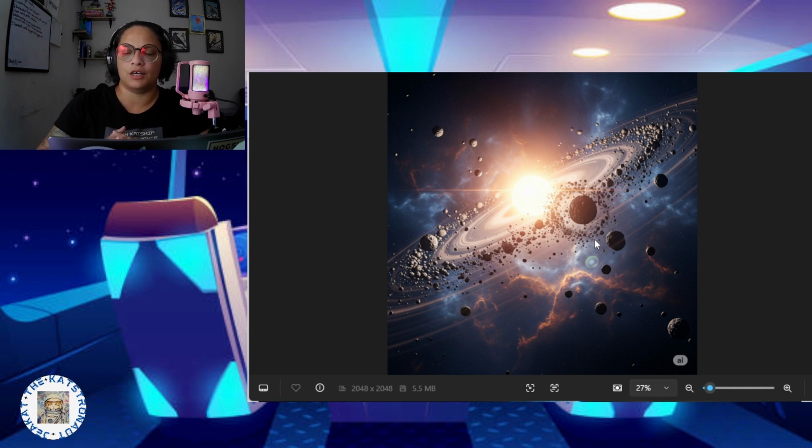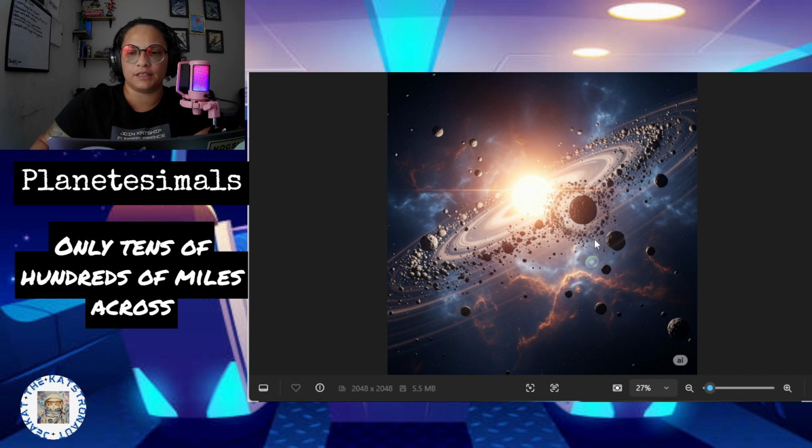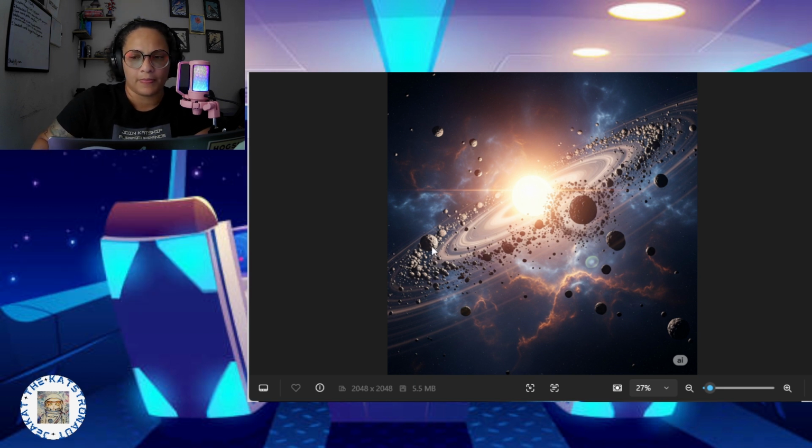So, when these collide and merge, they are growing into planetesimals. And these are really small rocky objects, probably like these that we're seeing over here.